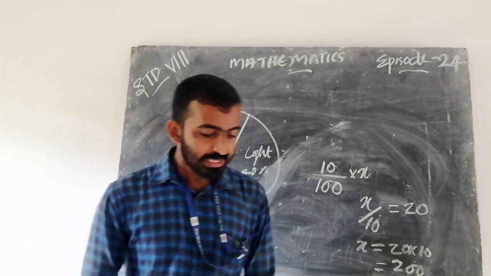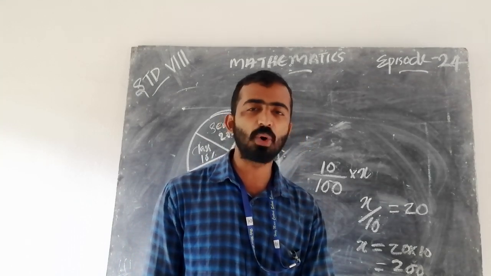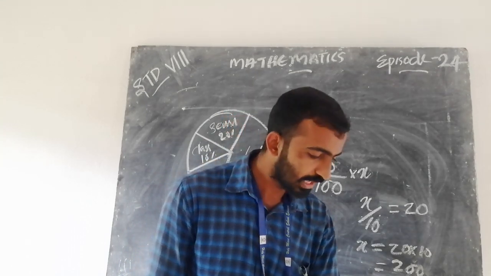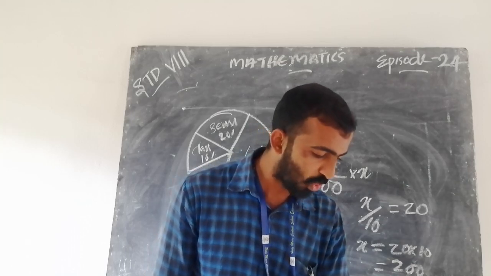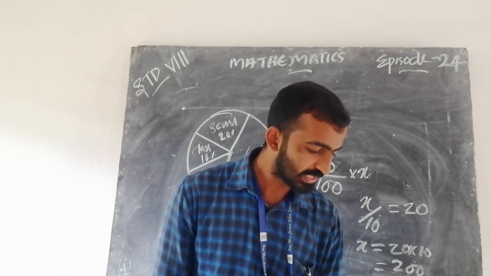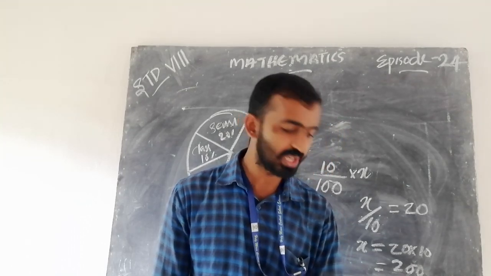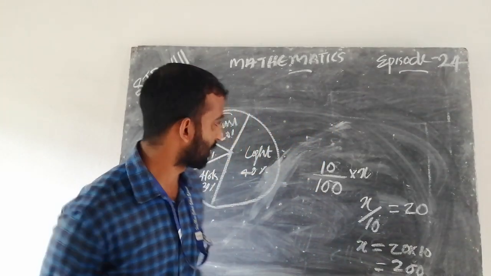Now we are going to discuss our second question. A group of 360 people were asked to vote for their favorite season from the three seasons: rainy, winter and summer.